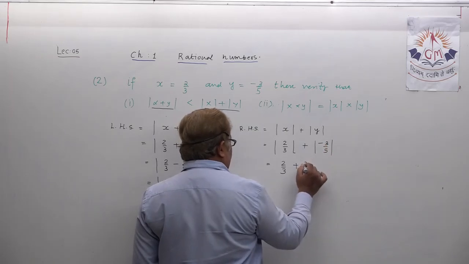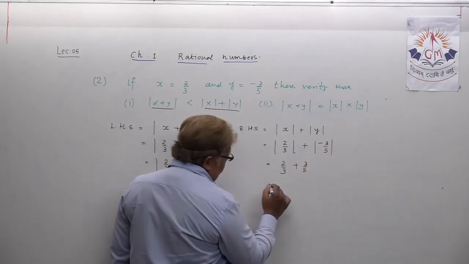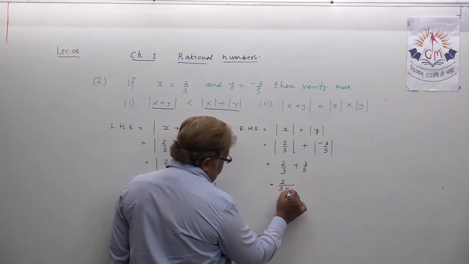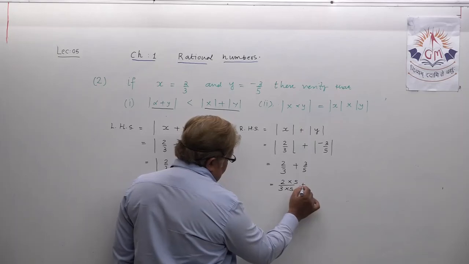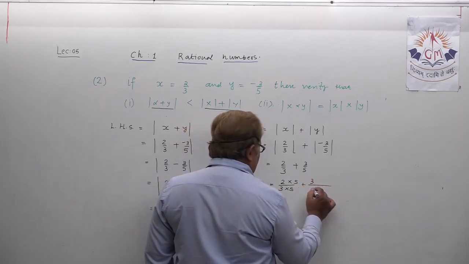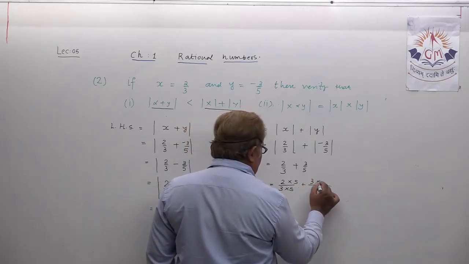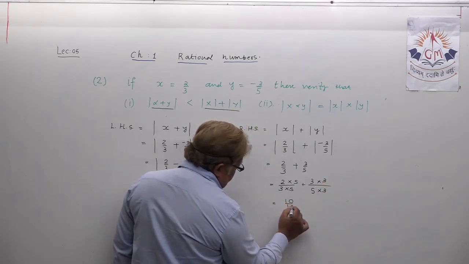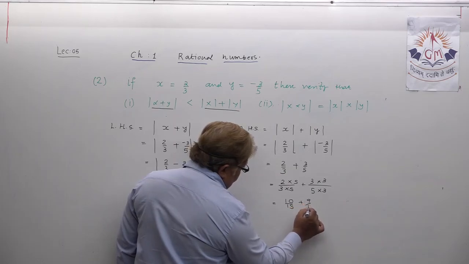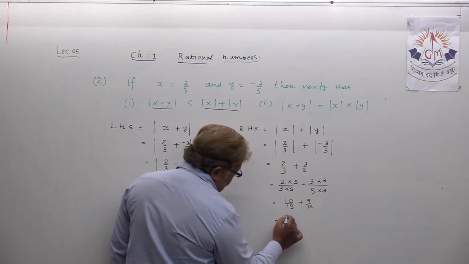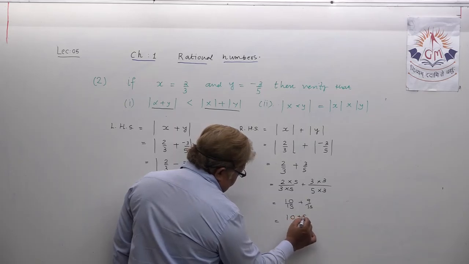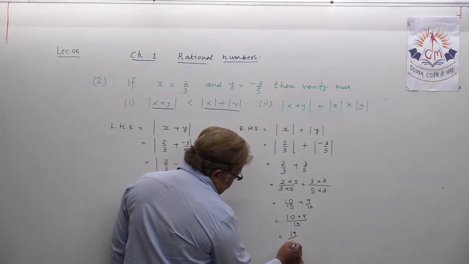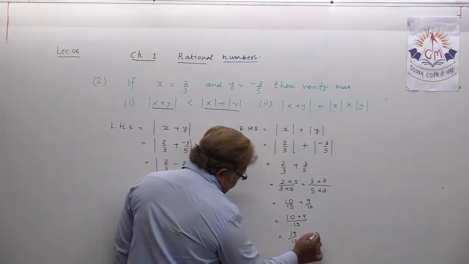Modulus of minus 3 upon 5 is 3 upon 5. Let us take the LCM. 3 fives are 15, 2 fives are 10, 5 threes are 15, 3 threes are 9. It turns out to be 10 upon 15 plus 9 upon 15. Common denominator appears here. It is 19 upon 15. Result number 2.